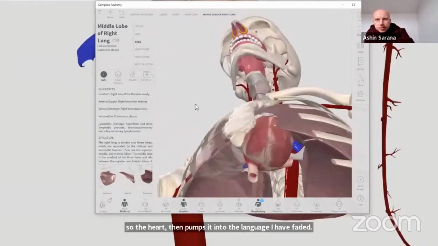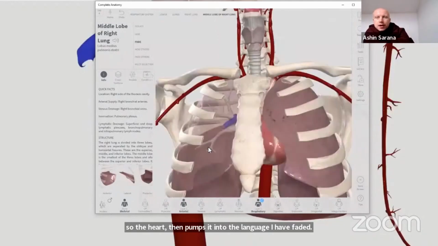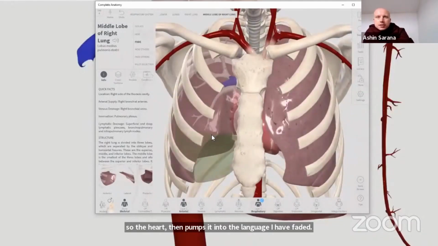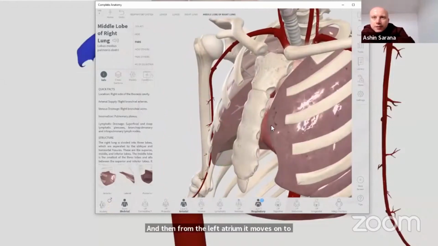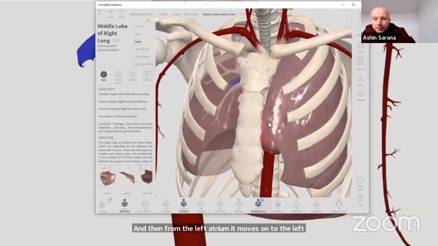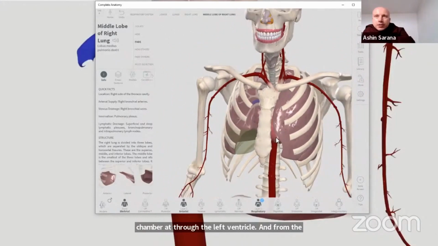You can maybe see it a little. And then from the lungs, the oxygenated air enters the left atrium, and then from the left atrium it moves on to the left chamber, to the left ventricle, and from the left ventricle it continues back into the body.